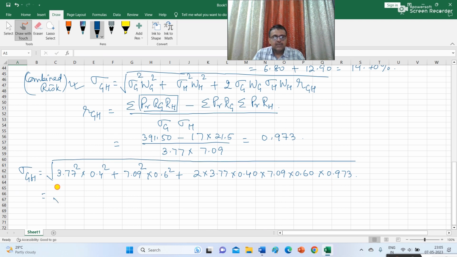And you will get 2.27 plus 18.09 plus 12.48 under root, and the combined risk is 32.84 under root, which is 5.73%.